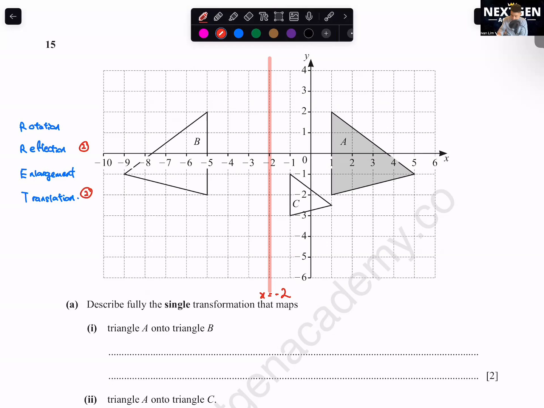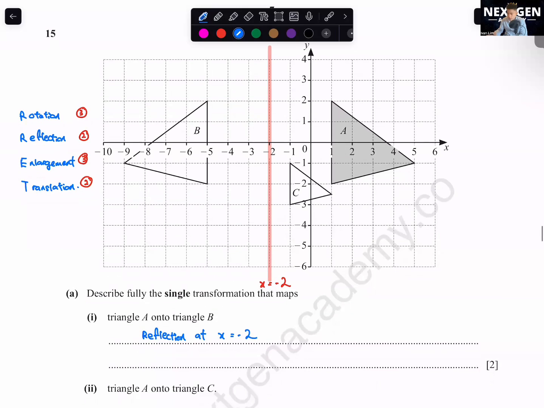Three marks describing a transformation will be rotation and enlargement. You can remember it like this, so you can narrow down if you are unsure. At least you can guess better. So this one is called reflection at x equals -2.